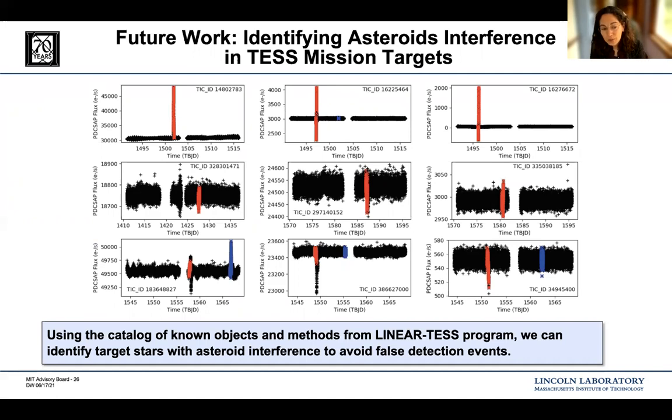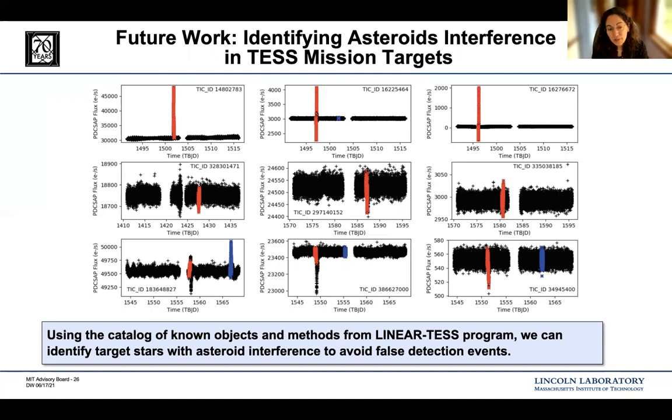So our pipeline, basically as a byproduct, allows us to identify where the asteroids are at all points in time, and we can compare that to the positions of the stars of interest from the catalog, and we can identify where there is basically an asteroid passing too close to a TESS target star.